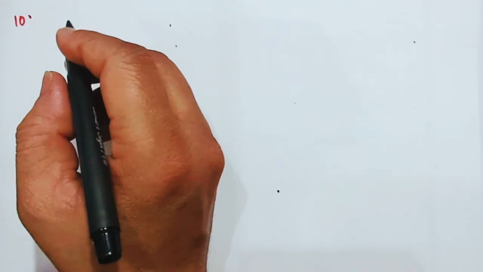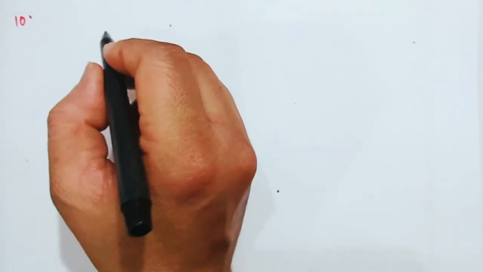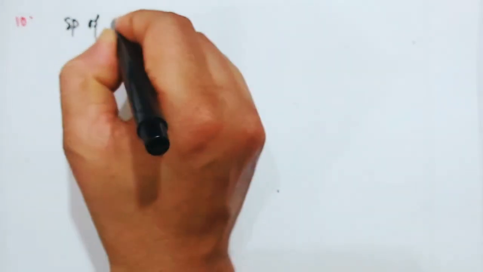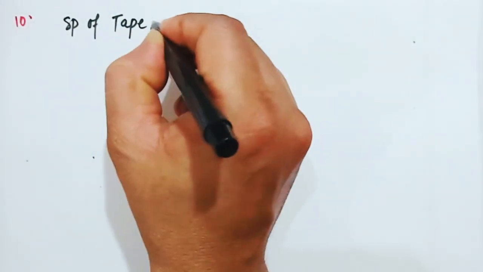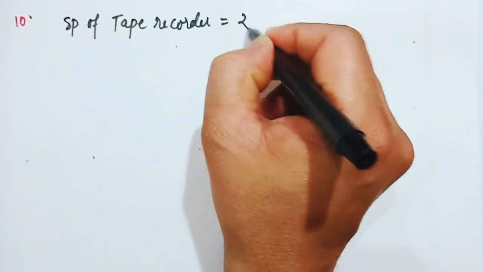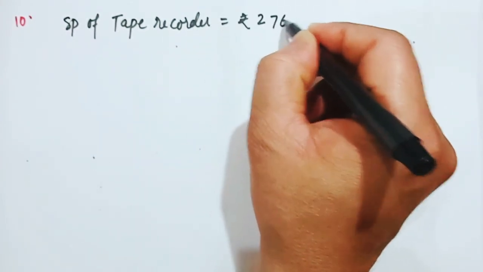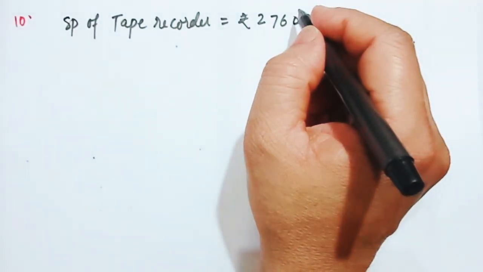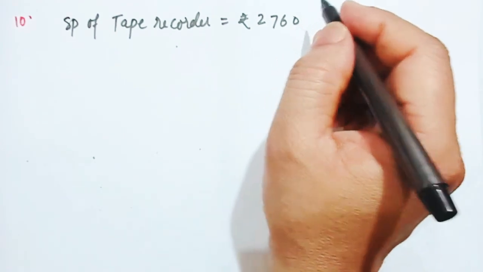Coming on to number 10. A tape recorder is sold for rupees 2760. So selling price of the tape recorder is equal to rupees 2760. Clear? At a gain of 15%.